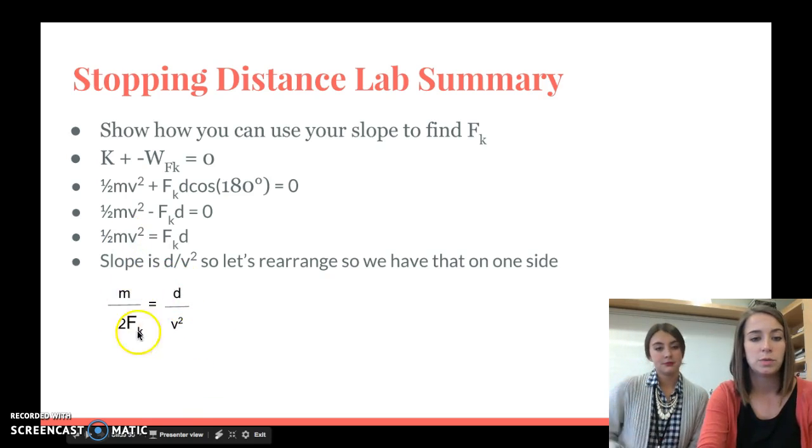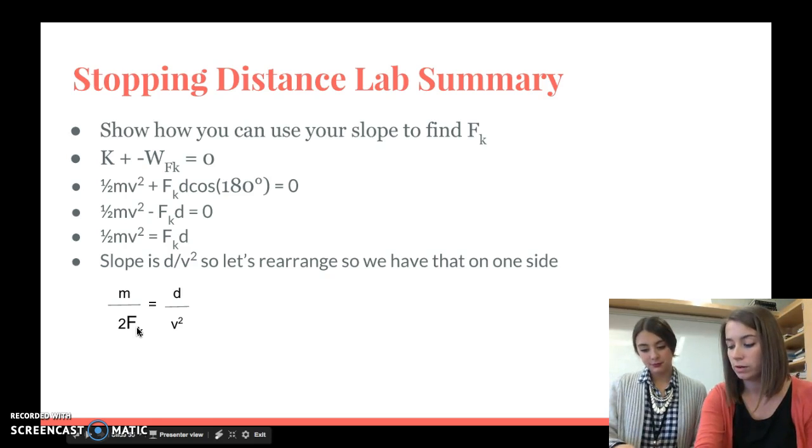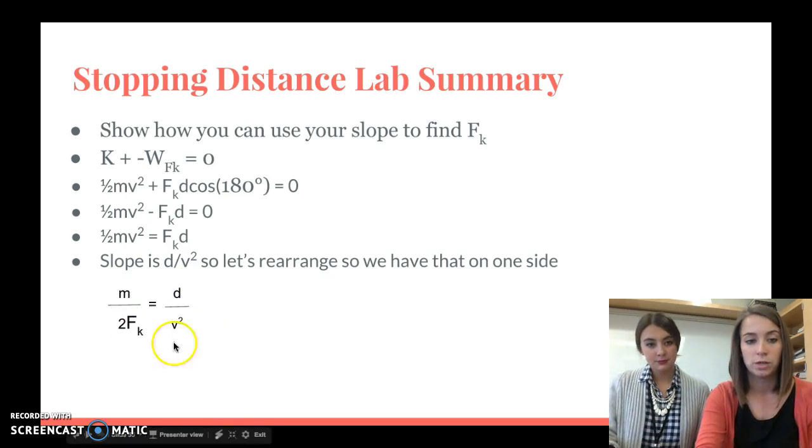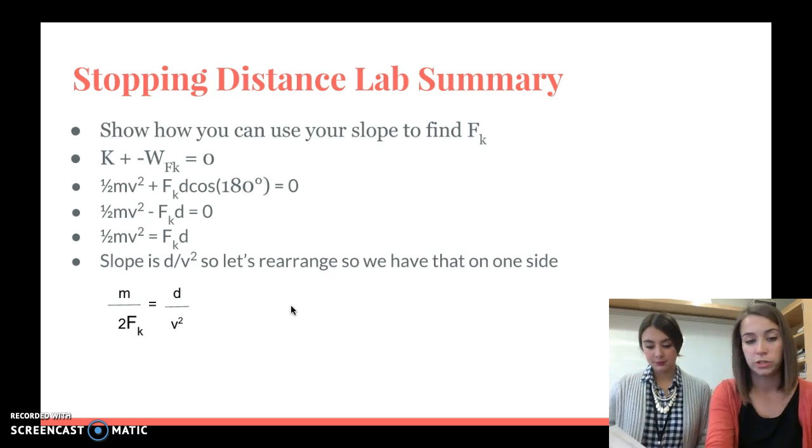So this would be your slope, whatever slope you got. Let's say you got a slope of 10, it equals m divided by 2Fk. So in order to solve number 4, all you would need to do is rearrange this equation to solve for that Fk. The rest of these are mostly proportional reasoning questions.